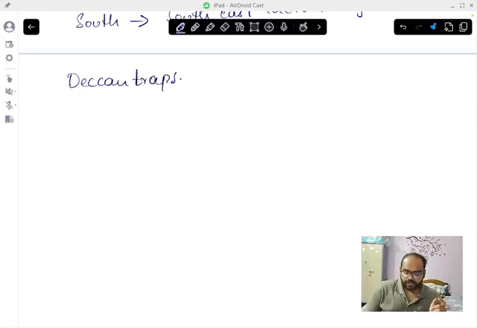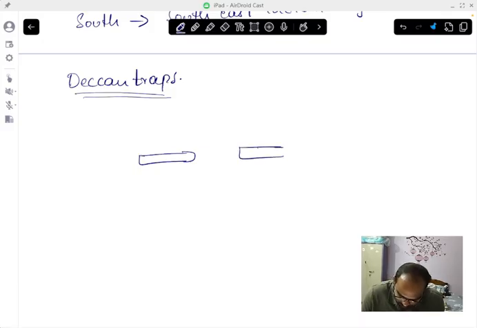We have already discussed Deccan Traps while talking about continent-continent convergence, the convergence between the Indian and Eurasian plates, while the Indian plate is moving towards the Eurasian plate. This is the Indian plate and this is the Eurasian plate. They are moving towards each other.